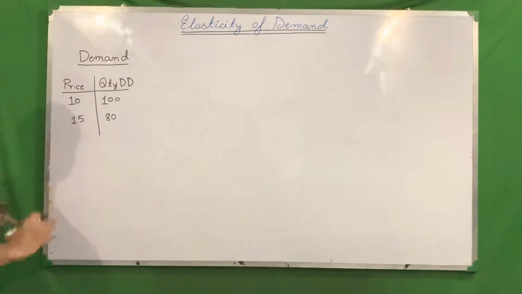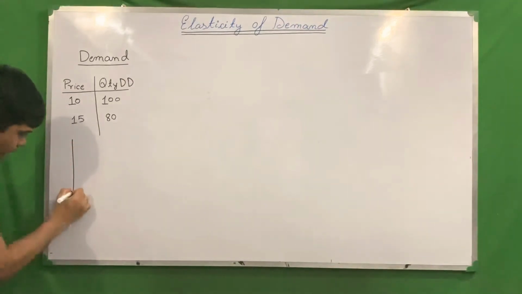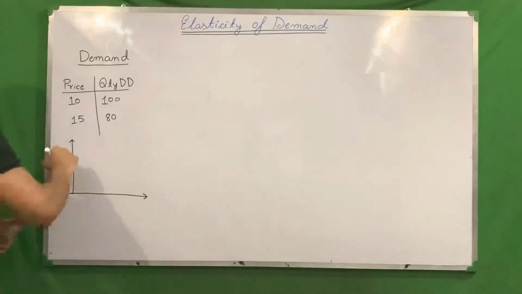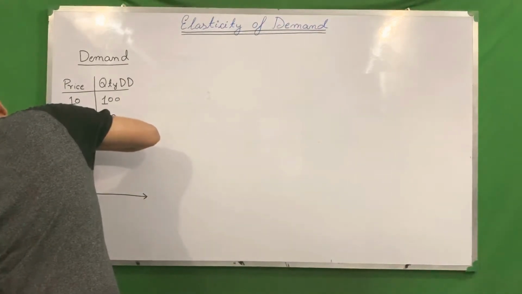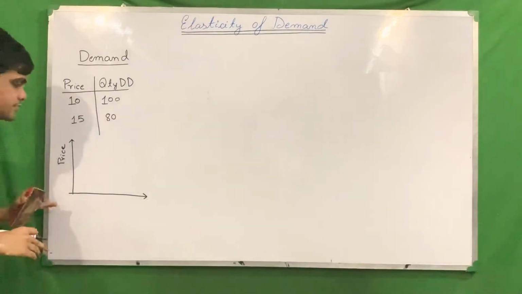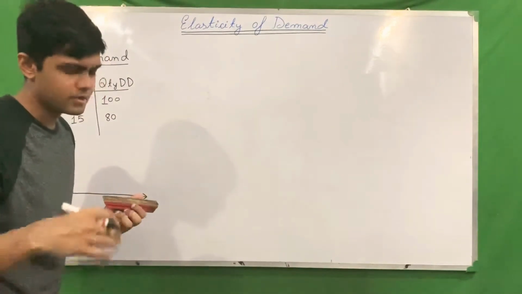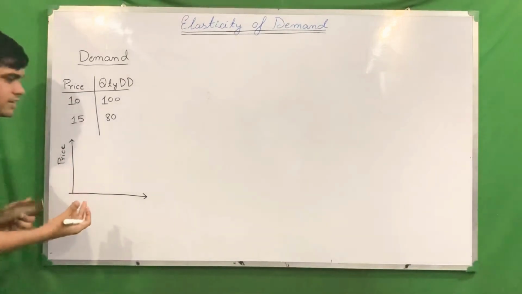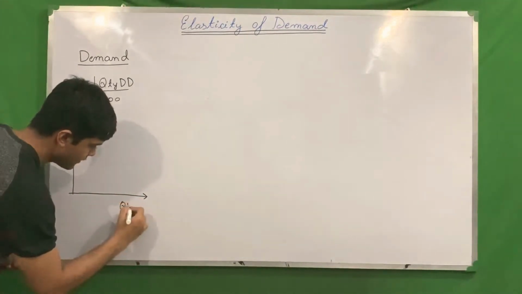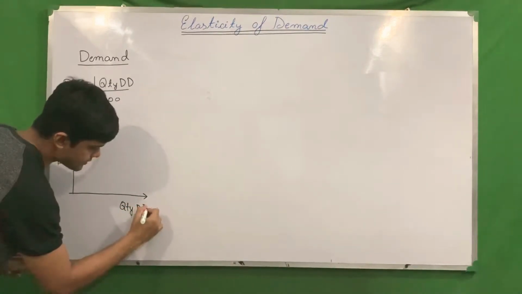So this was demand. So if we draw a curve in economics, you know that everything has diagrams. So price on the y-axis, always price on the y-axis. It's not a rule, but it is a general assumption actually. So price always on the y-axis, quantity demanded is always on the x-axis.